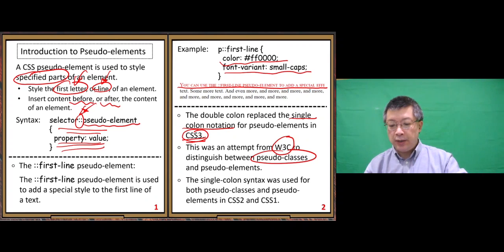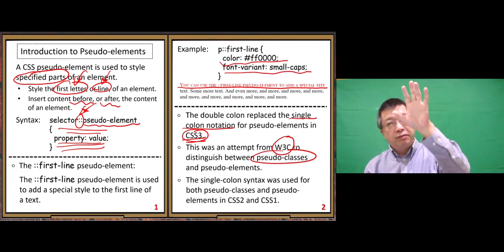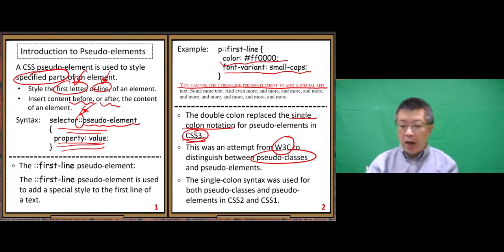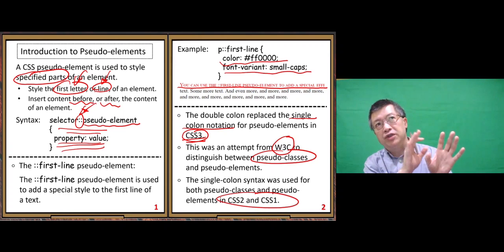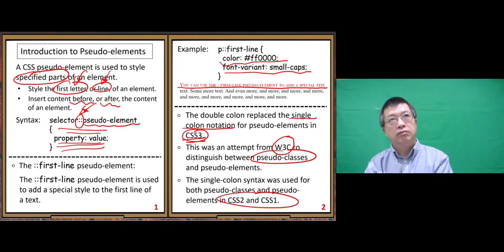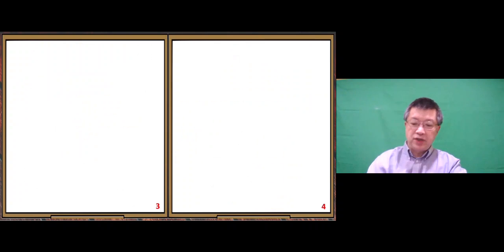But because the older versions still use the single colon notation, the documents using the older way are still supported by the browsers. Because the browsers should still display those documents in the correct way, even using the older versions, and should not generate any errors. All right, so that's the first view of this concept.